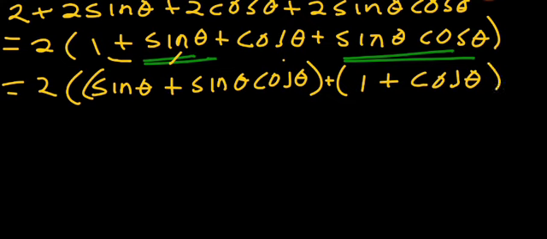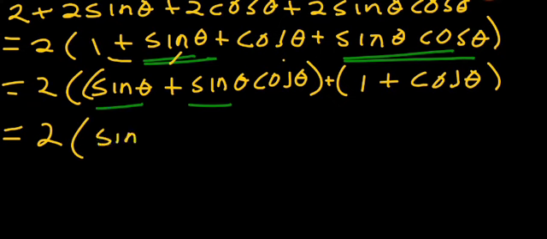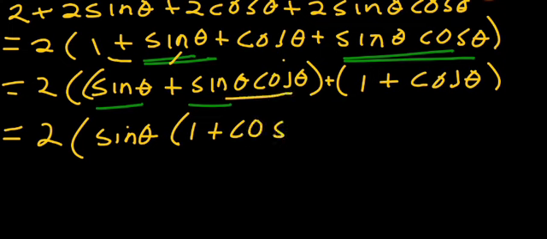Okay, and then what we are going to do next is that you see there sine is common, right? So sine theta can be taken outside of those brackets, and we remain with 1 plus cos theta, like that, right?